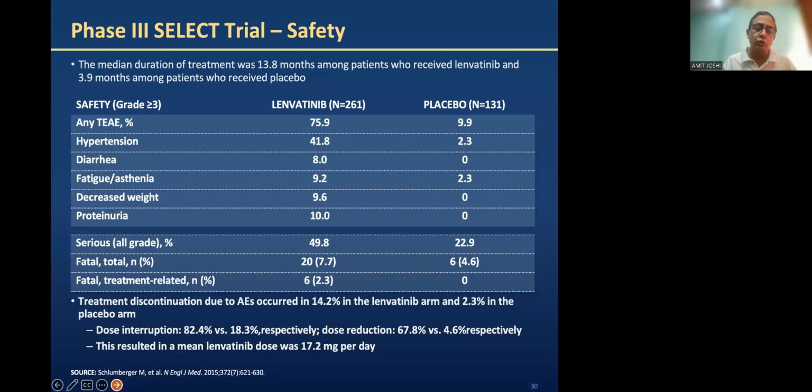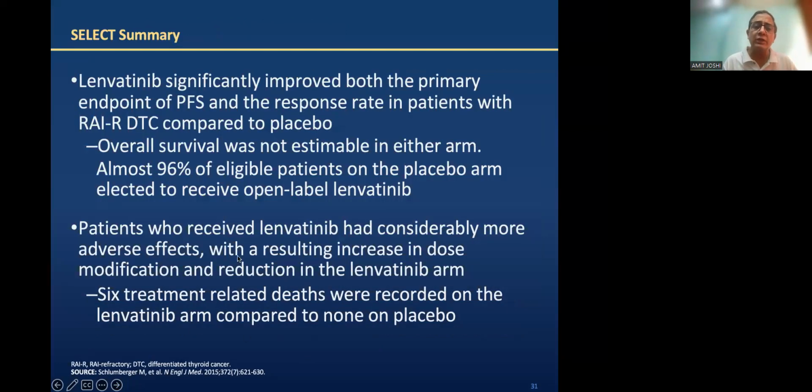So in practice, we go with a step-up approach: we start with 16 mg, see how they are tolerating, then 18 mg. If they are tolerating, then we go up to 24 mg in the day-to-day setting. I think we have already discussed that 6 treatment-related deaths were recorded in the lenvatinib arm.